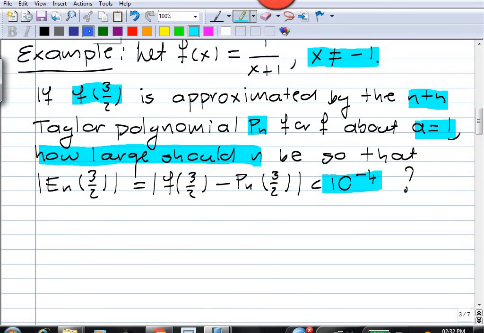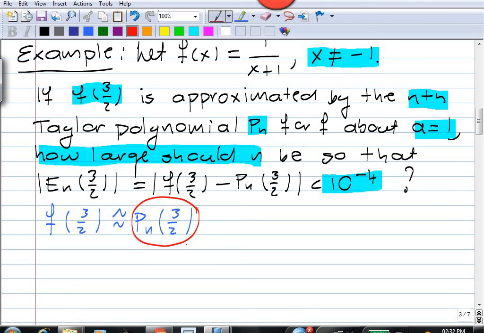Okay. So let's get our heads around what's going on here. We are approximating f at 3 over 2 using a Taylor polynomial Pn about a equals 1. Now we're not interested in the actual value of the approximation in this problem.